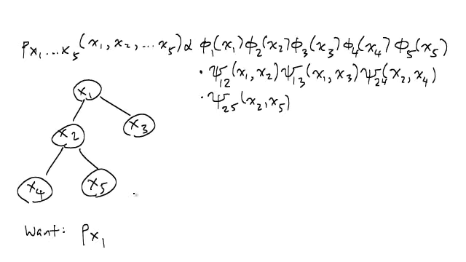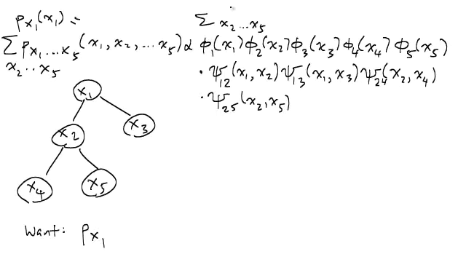So we're going to sum both sides of this giant mess over x2 up through x5. We do that for both sides, and by doing that, this will exactly give us the marginal at x1 after we've done the summation.